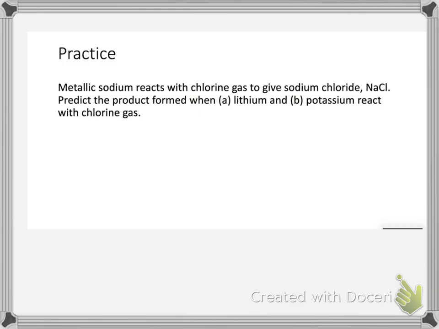It says metallic sodium reacts with chlorine gas to give sodium chloride. So sodium chloride is also an alkali metal compound. And notice there's one sodium and one chlorine. So its formula would be one metal and then a chlorine. So it says predict the product formed when lithium and potassium react.